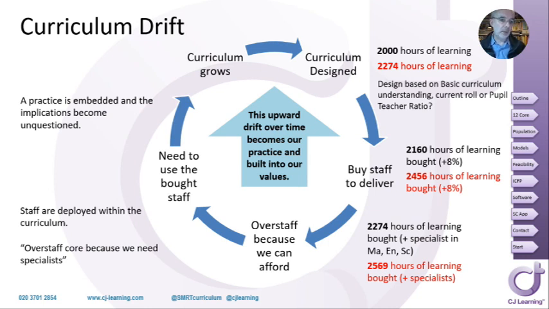That's that we are looking to enhance the curriculum and that we are looking to buy additional basic or core teaching staff. And if we don't have that understanding of where the baseline is, that will keep growing and growing and growing, and hence the theory of curriculum drift.